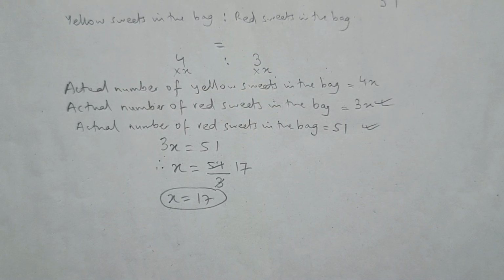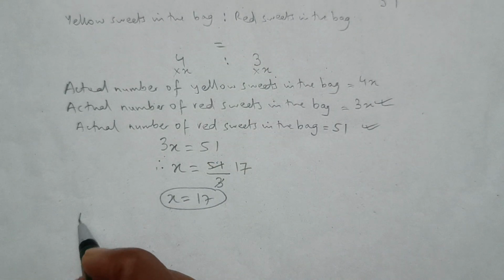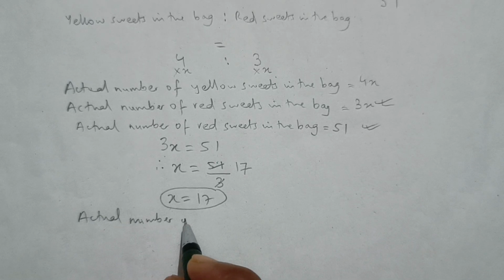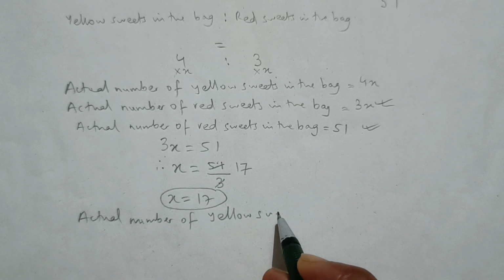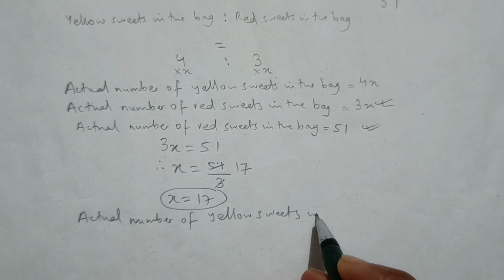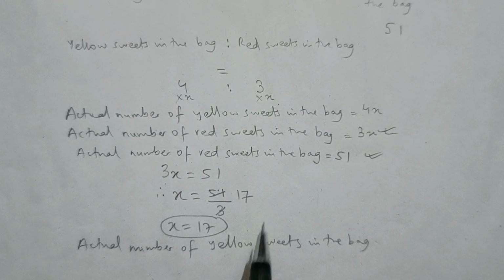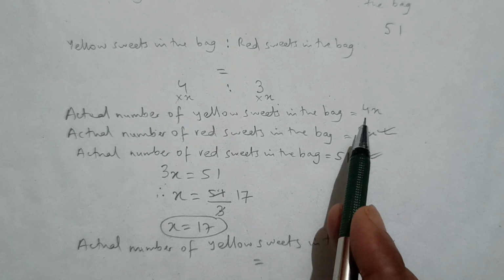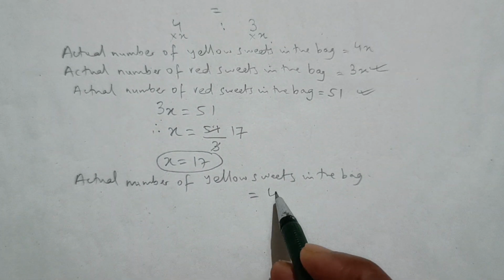So now I can find out the number of yellow sweets in the bag. The actual number of yellow sweets in the bag is 4x, so 4x means 4 into x.